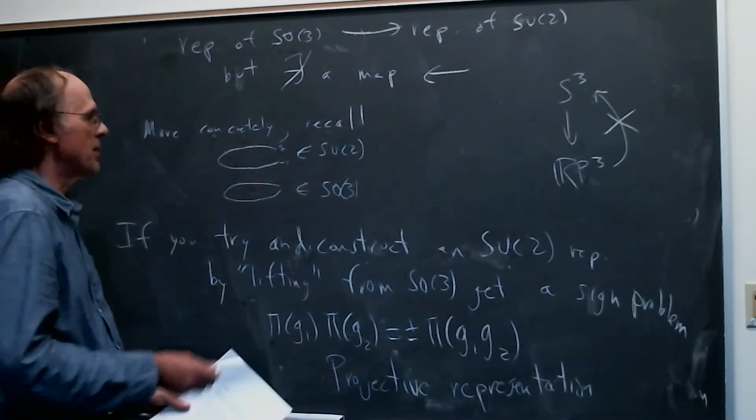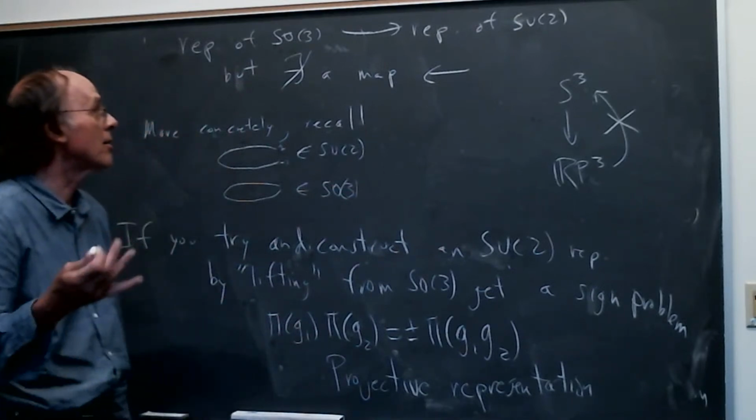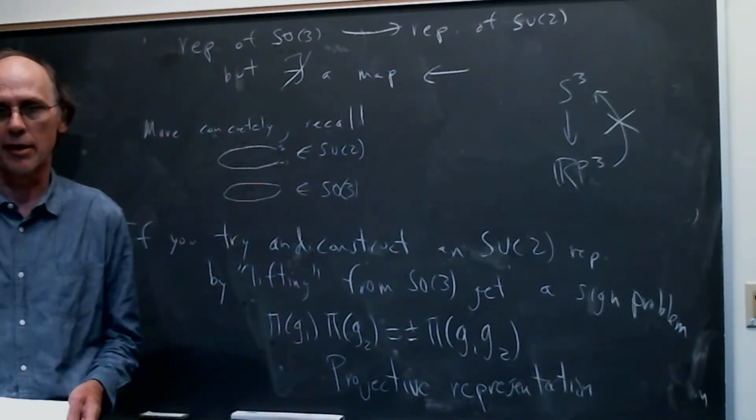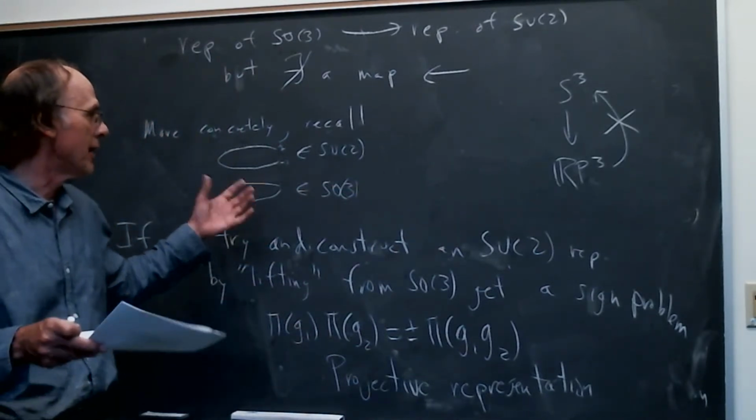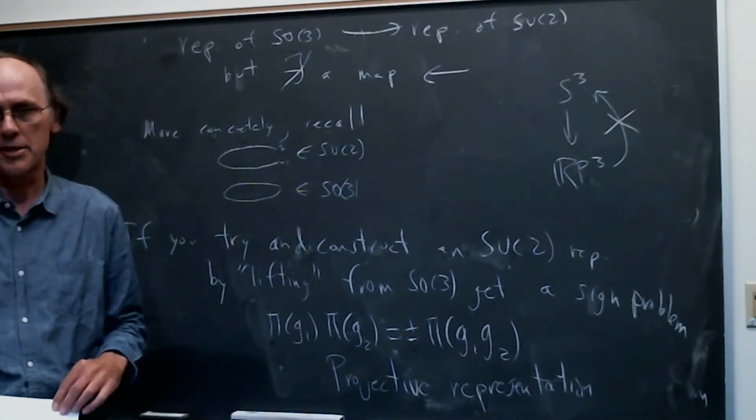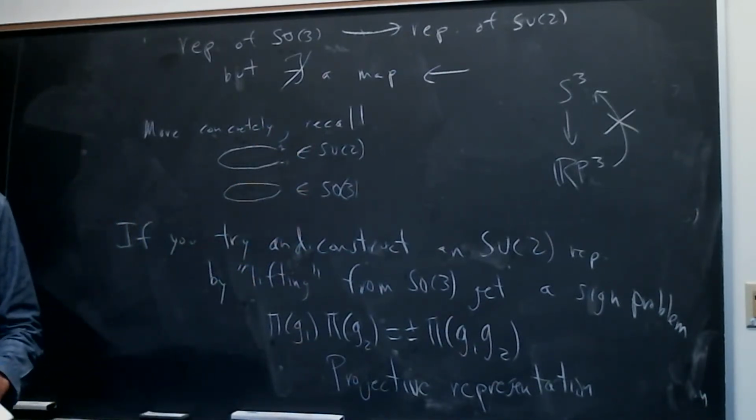The actual spin representation is something completely trivial. It's the defining representation of the group, just the action of 2x2 matrices on C2.